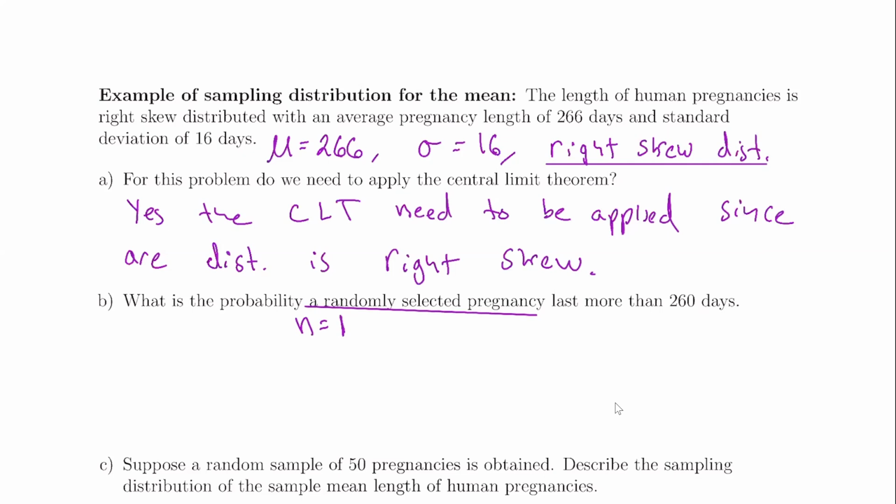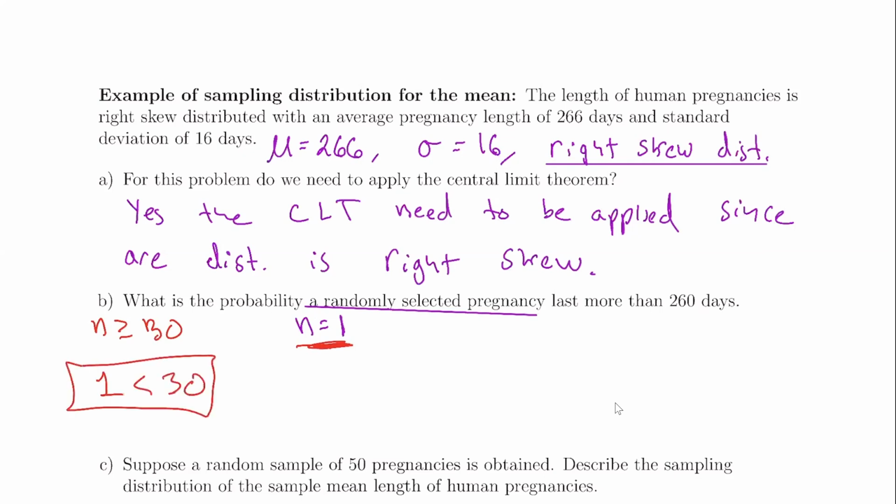All right. Since I know our distribution is a right skew distribution, we need to apply the central limit theorem. To be able to apply it and say that our distribution is approximately normal, it has to pass the condition that n has to be bigger than or equal to 30. Does it pass that condition? Well, if our sample size is n equal to 1, 1 is actually less than 30.